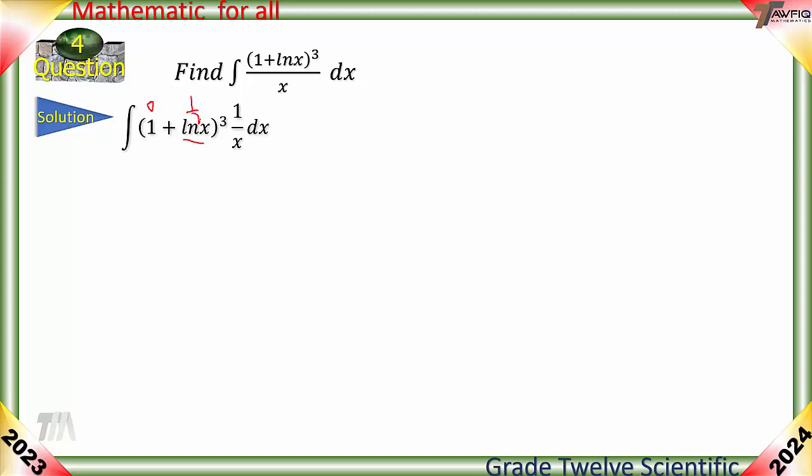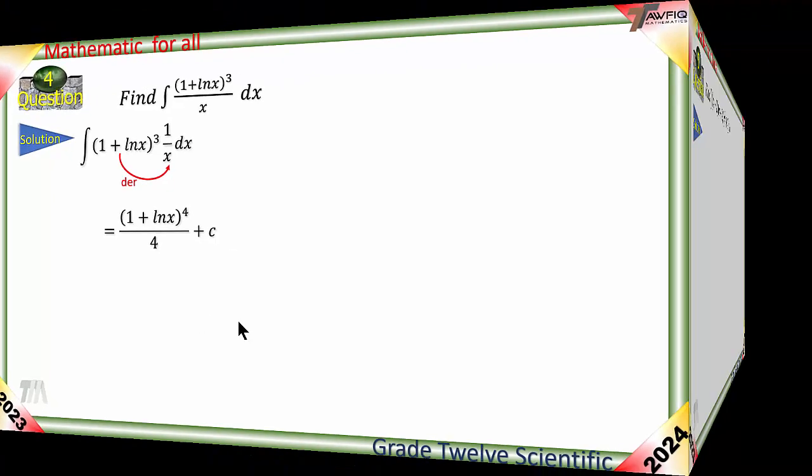As you can see here, we have 1 over x, so we only add 1 to the power and divide by the new power. So it becomes 1 plus ln x to the power 4 over 4 plus c.